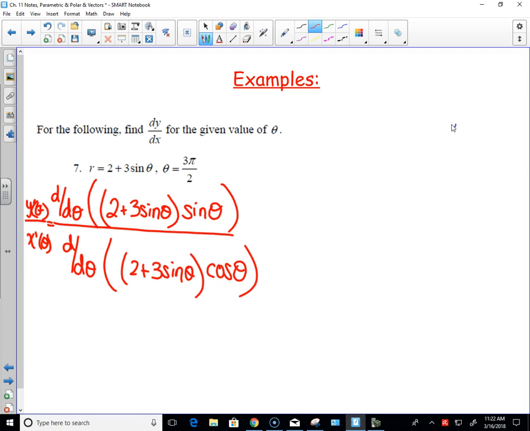Does it make sense if you can write dy dx as d theta of, such a struggle. I'm showing you this because a few people last year, I forget if it was Georgie or if it was someone else, they actually liked this version better.